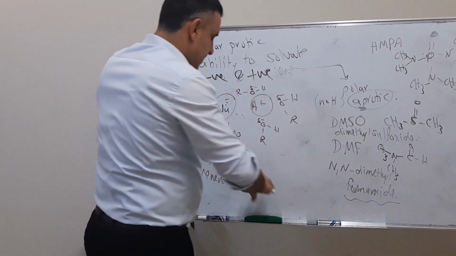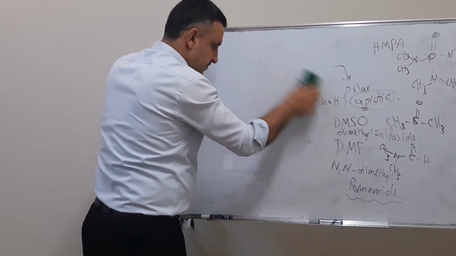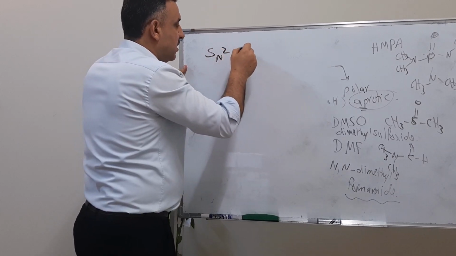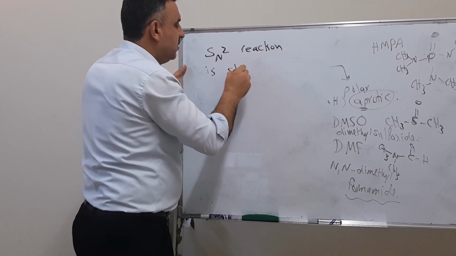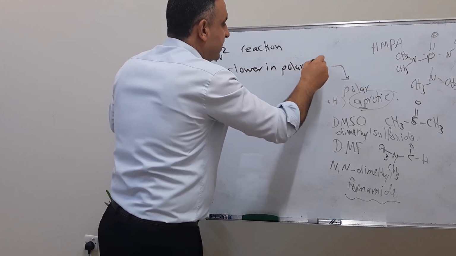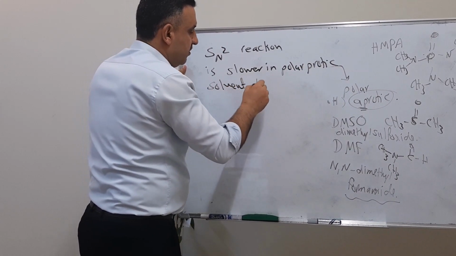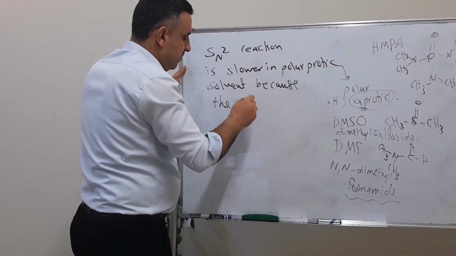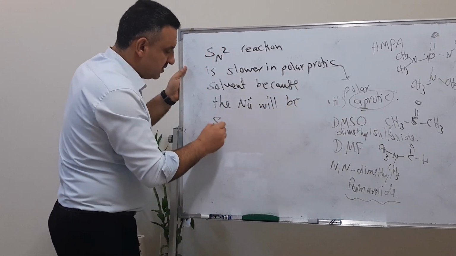Generally speaking, SN2 reaction is slower in polar protic solvent, because the nucleophile will be solvated.